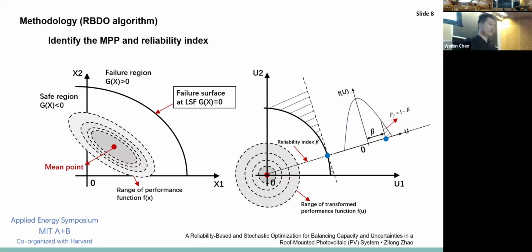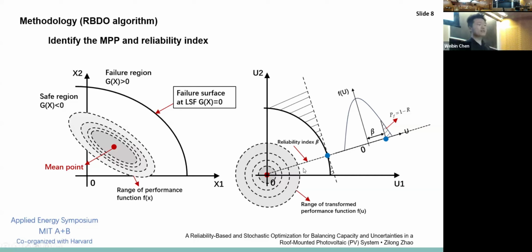The LSF is the limit state function, which is the surface of the failure. It separates the safe region and the failure region, right? When you want most of your potential outputs to fall within the safe region, you also allow a tolerance of failure, which may be less than 10% in some cases.